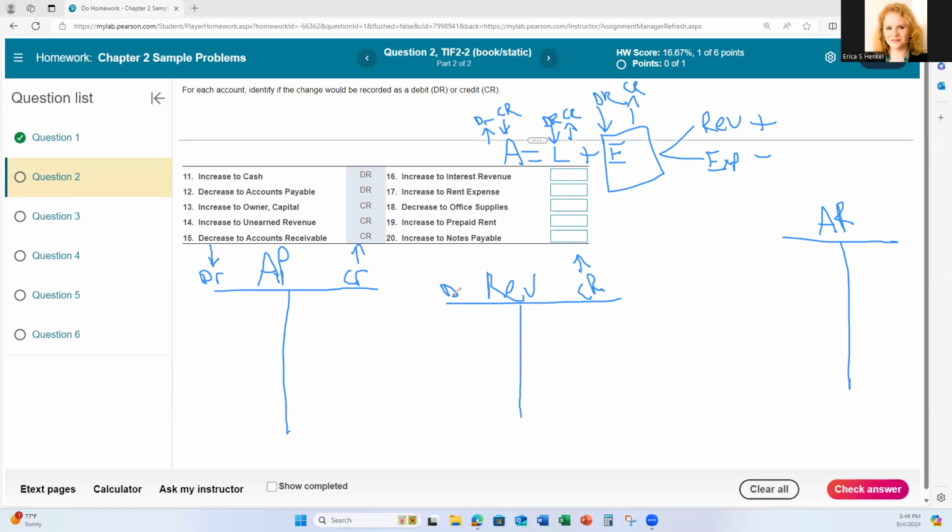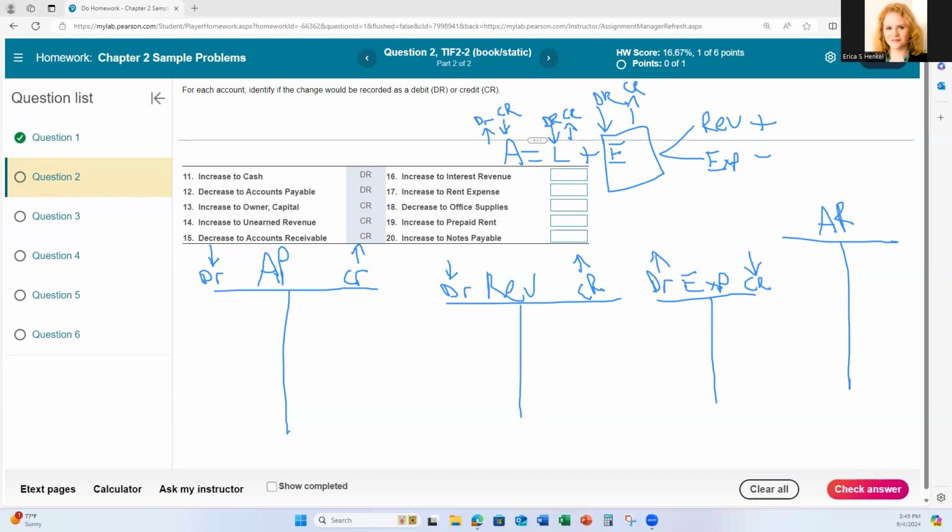And debiting a revenue would decrease the amount of revenues you're recording. And then for expenses, it's the opposite, all right? So expenses, because they are a reduction in equity, they do the opposite of what the other normal equity accounts do. So they increase by debiting and they decrease by crediting.